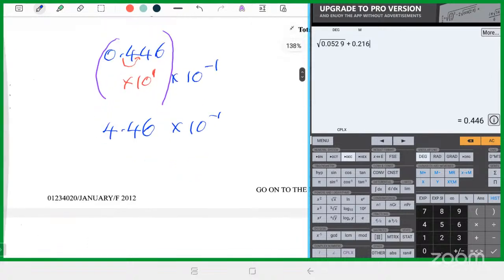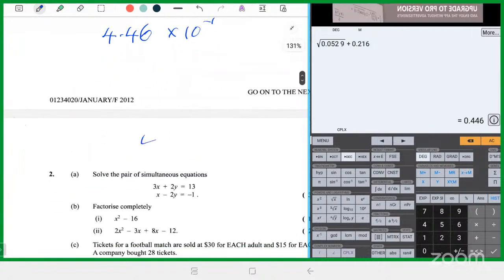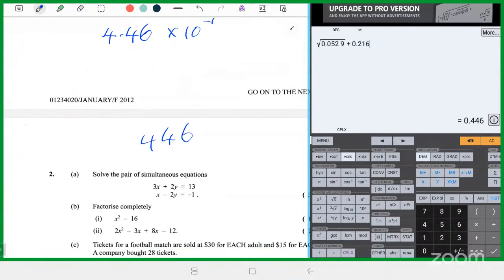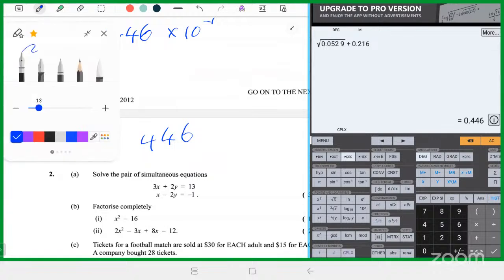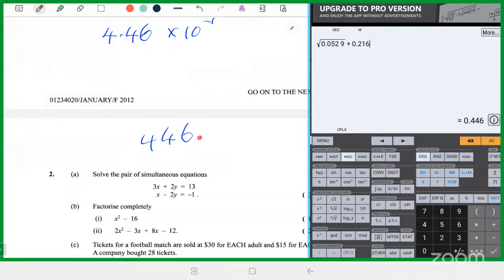All right, let's say instead I had 446. I'm going to put it in standard form. Right now, the decimal point is at the end of the number. It's a whole number, the decimal point is at the end. But that's a large number, so the final result must be 10 to some positive power.